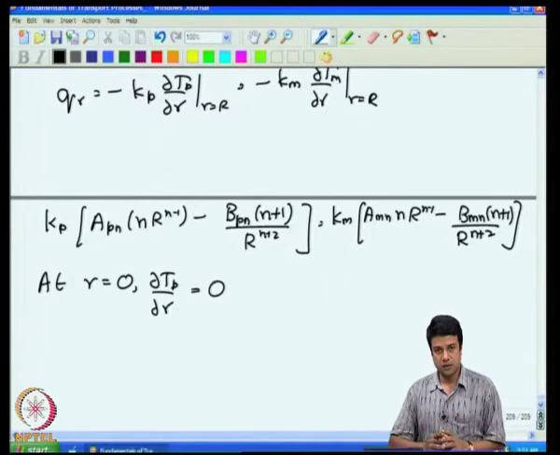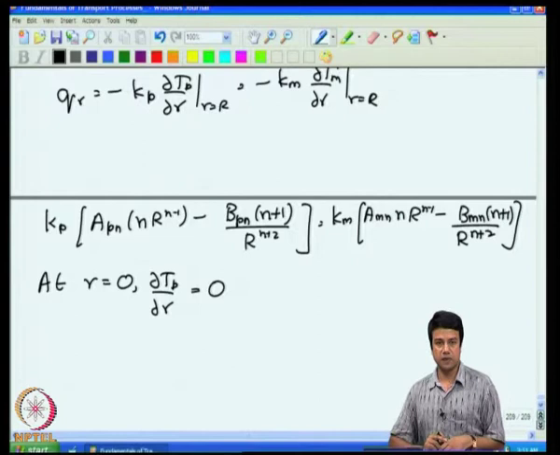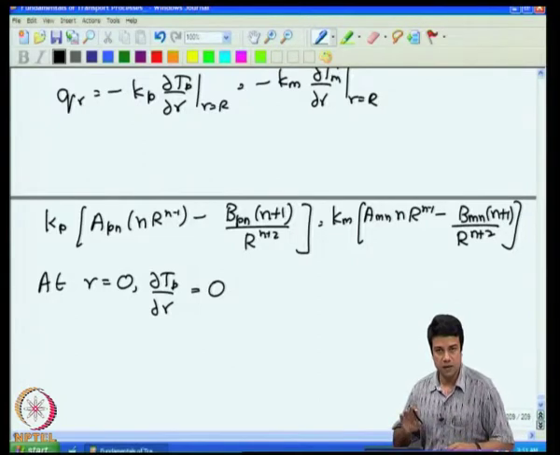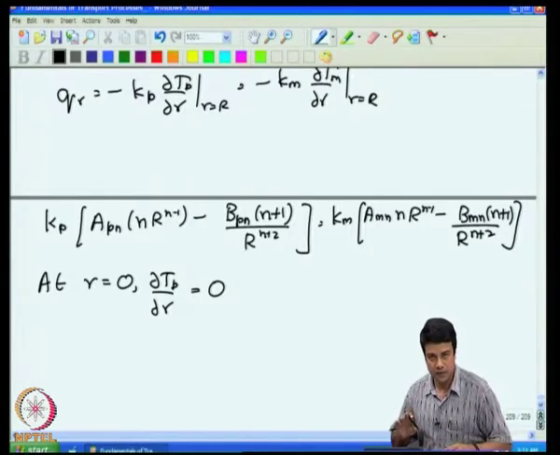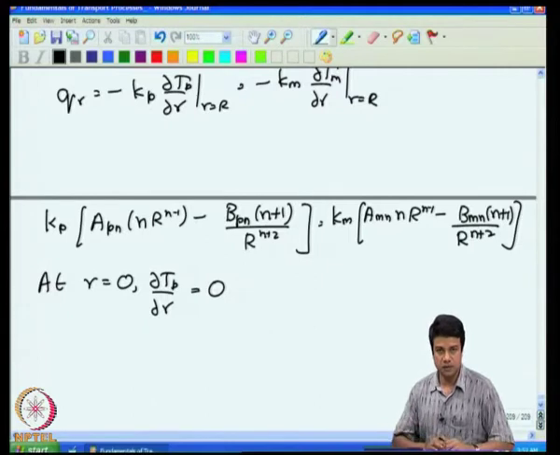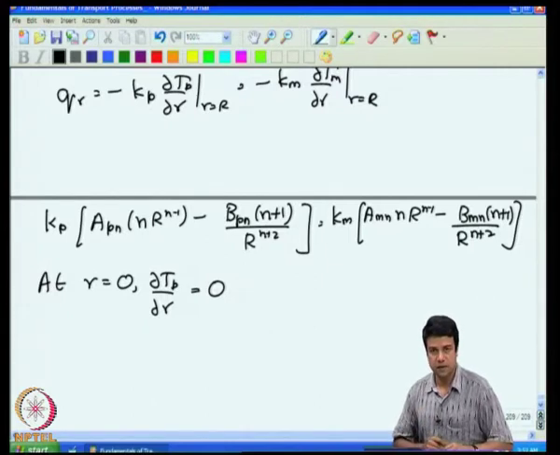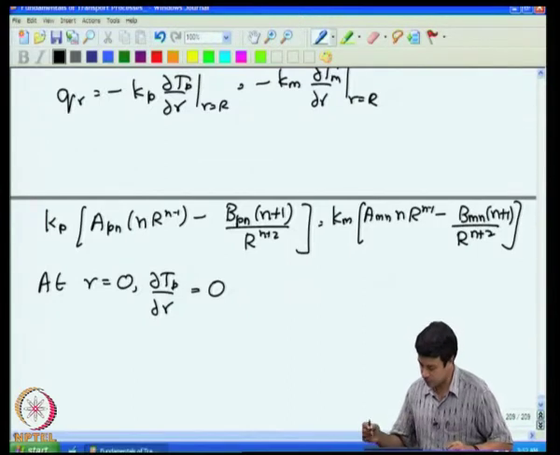This you will recall is a symmetry condition. At the center of the particle itself, if this is not 0, then you will get different slopes as you approach the center from different directions. The only way that the slope will be identically equal to 0 regardless of the direction that you approach it from is if partial Tp by partial r is equal to 0.